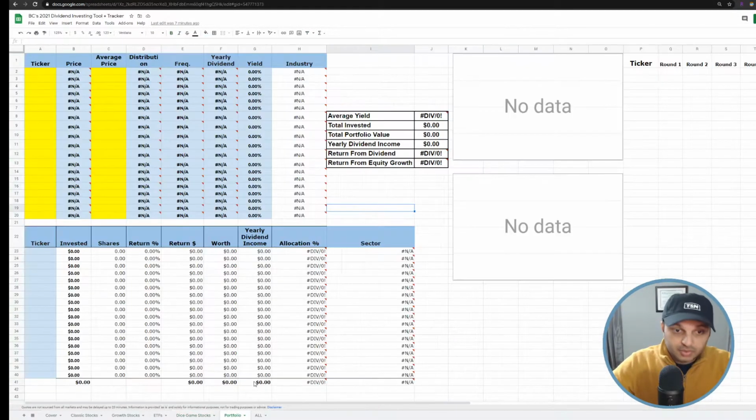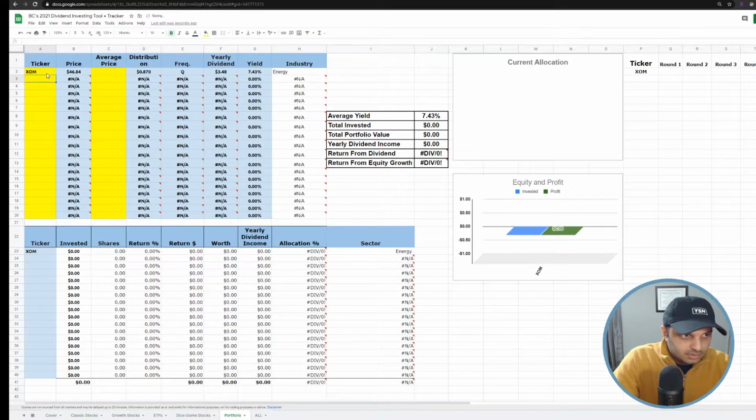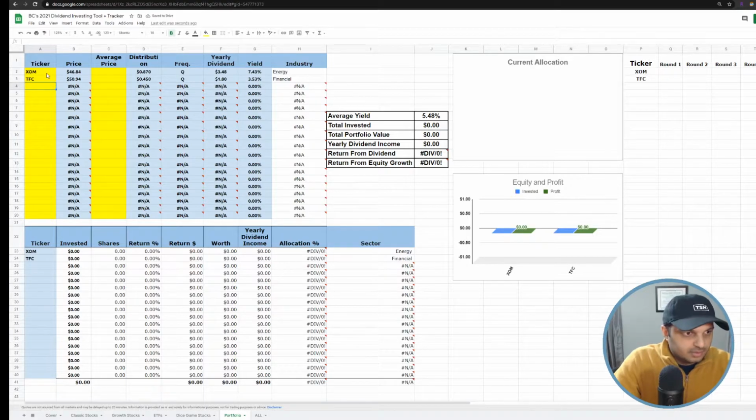All right, so let me show you how to build a portfolio from scratch in like 5 minutes. Okay, so I'm going to pick 1 to 2 stocks from each of the tabs. So let's start with one energy stock, ExxonMobil. Let's go with TFC. I like TFC. Okay, and then let's go with SCHD.